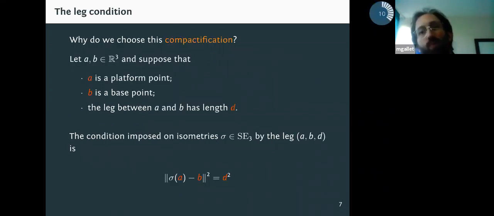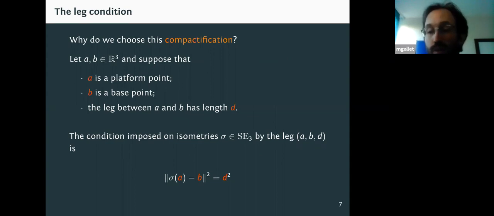So why did we choose such a model for the group of isometries? The reason is the following. Suppose you take a leg, which is described by a platform point A, a base point B, and their distance, so the length of a leg, which we call D. Then the condition imposed on the isometries, which please recall, codify the possible configurations.